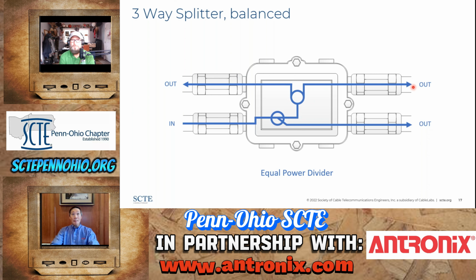So this is a balanced 3-way splitter. This is typically maybe a 5.5 dB, 6 dB directional coupler going down here. The through loss on this directional coupler may have 2 dB of insertion loss going in this path. Then you have another 3.5 to 4 dB, so that each of the output ports has the same output power in a balanced 3-way splitter.